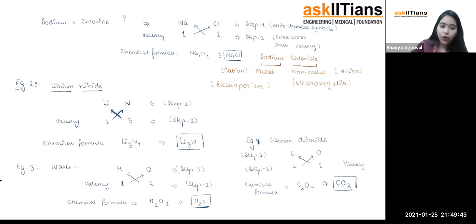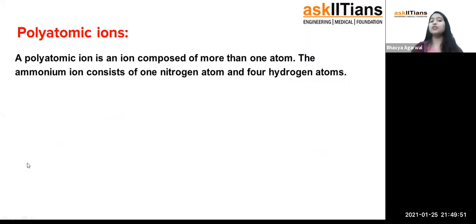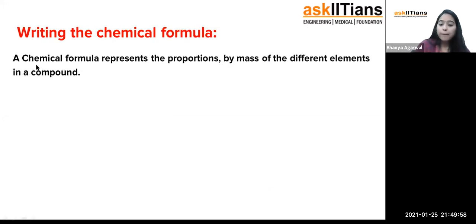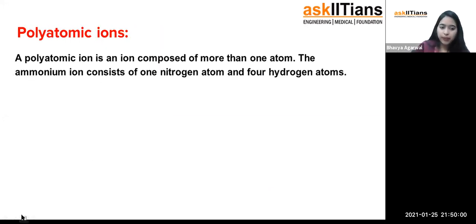So now let's move to the next part, which is about the polyatomic ions. What exactly is a polyatomic ion? As the name suggests, poly means many, and atomic as in atoms.